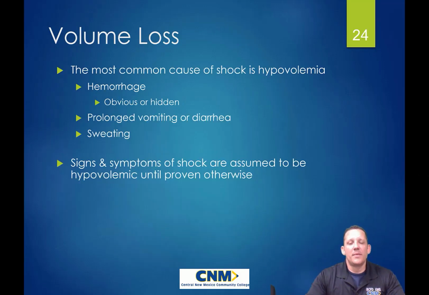This is the most common cause of hypovolemia, which is hemorrhage. It's obvious or hidden, and that's an external or an internal hemorrhage. Your internal hemorrhages are going to be the GI tract. Unfortunately, many people suffer from this, where they have some kind of issue with their GI tract, and they tend to bleed into their esophagus, or they tend to bleed into their lower GI tract.